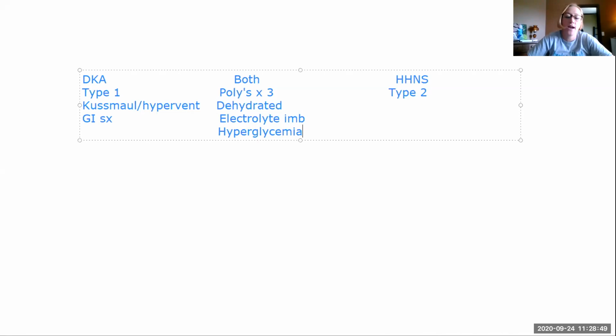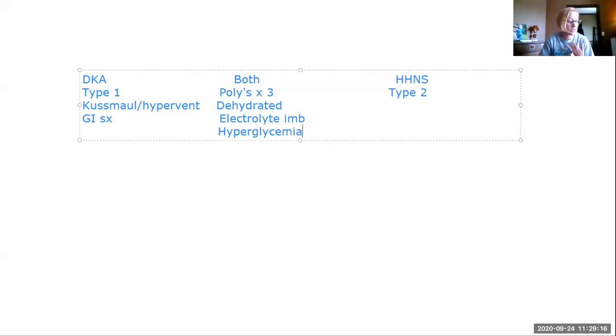Now, of course, once we correct and make sure we get fluids on board and maybe correct electrolyte imbalances, then you definitely need to get insulin on board because it's just going to continue being a vicious cycle without correcting that insulin. But yeah, so again, your DKA is going to be your type 1s with all the acidosis type symptoms, and then your HHNS is your type 2, but they don't have those acidosis problems.